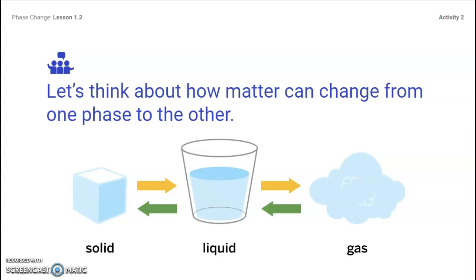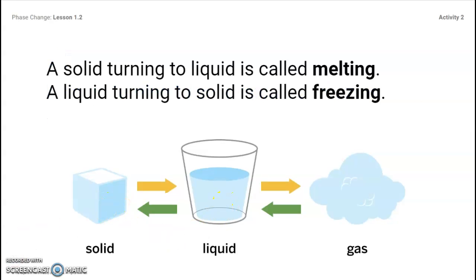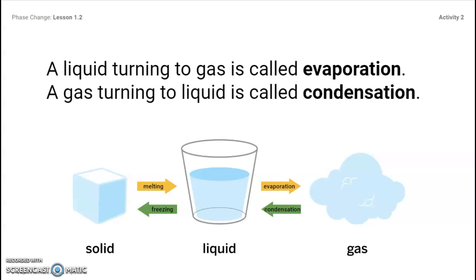Remember that you also have melting, freezing, evaporating, and condensing. When we go from a solid to a liquid, we're melting. We are evaporating when we go from a liquid to a gas. When we come from a gas to a liquid, we are condensing. And when we go from a liquid to a solid, we are freezing. That's what these slides go over, just to give you a visual.